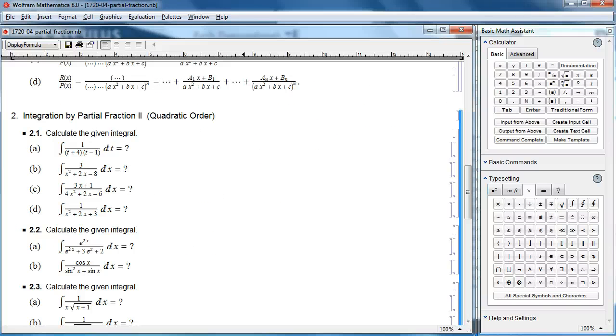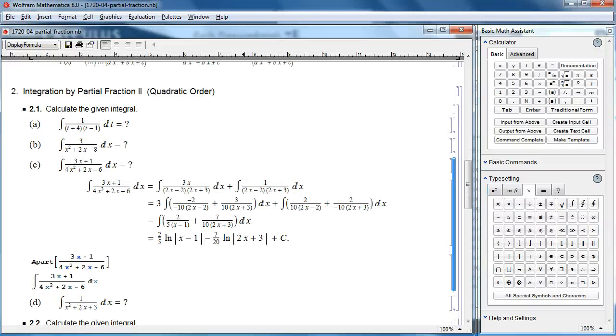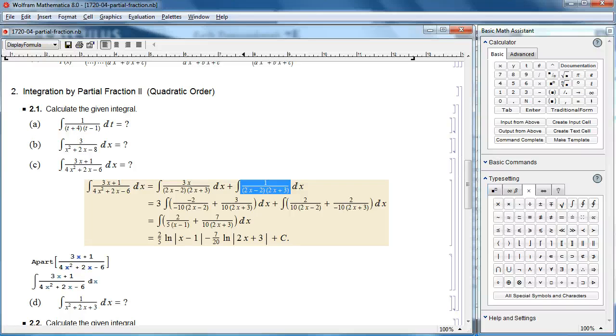kind of like this one, problem 2.1c. So here we go. We have 3x, and then we have just 1, and this one follows 1.1d, and this one follows 1.1b, and then we have two different decompositions to partial fractions, put them together, and we have something like that, and in the end we have two logarithmic functions.